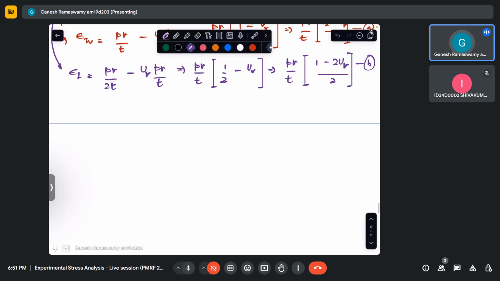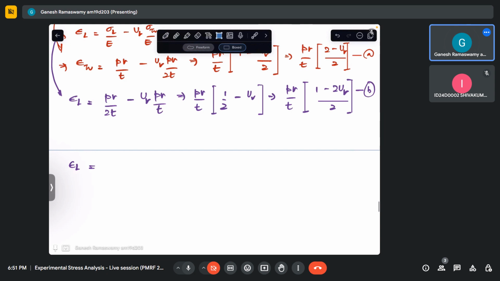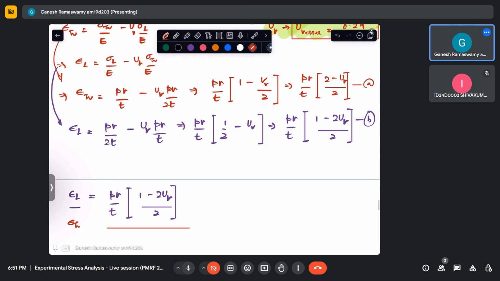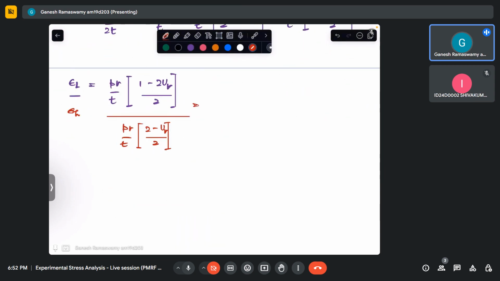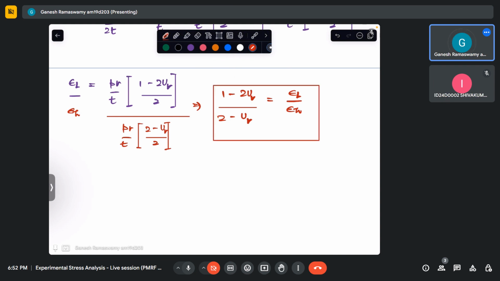So the longitudinal strain is this expression, divided by the hoop strain, which is this expression. This gives us 1 minus 2 mu V upon 2 minus mu V. So this is the ratio of the longitudinal strain to the hoop strain.